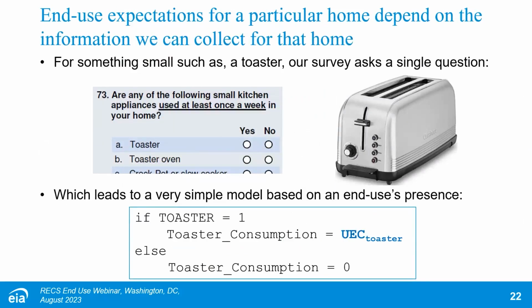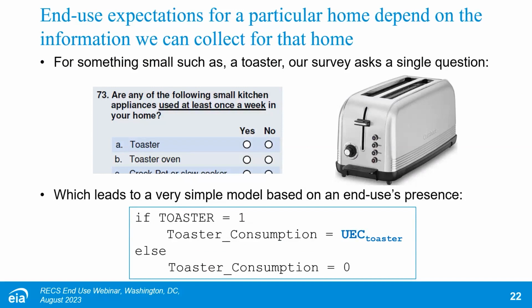So now I'm going to walk through a hierarchy of some of our end use models to give you a sense of how we form these end use expectations. So our models necessarily have to depend on the information that we collect from a home. So for something simple like a toaster, we have one question about it in our survey. So we will know whether a home has at least one toaster and that they use at least once a week.